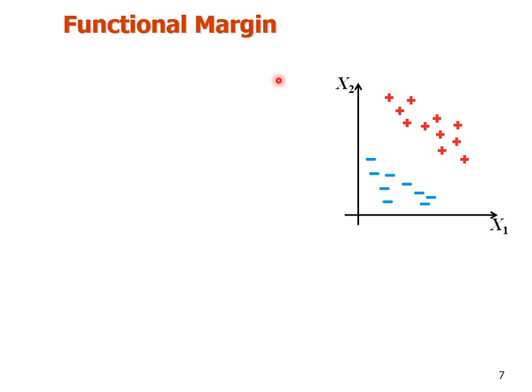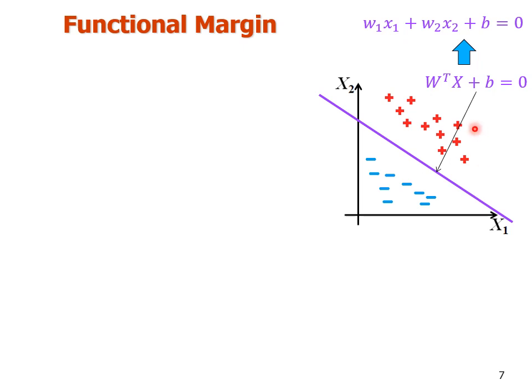We have positive and negative samples and the decision boundary or the hyperplane denoted as w transpose x plus b equal to 0, and this plane is classifying the samples into two classes, y equal to 1 and y equal to -1.